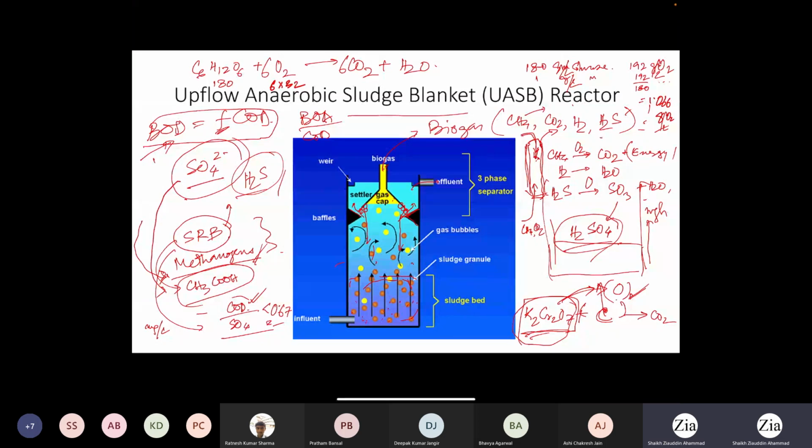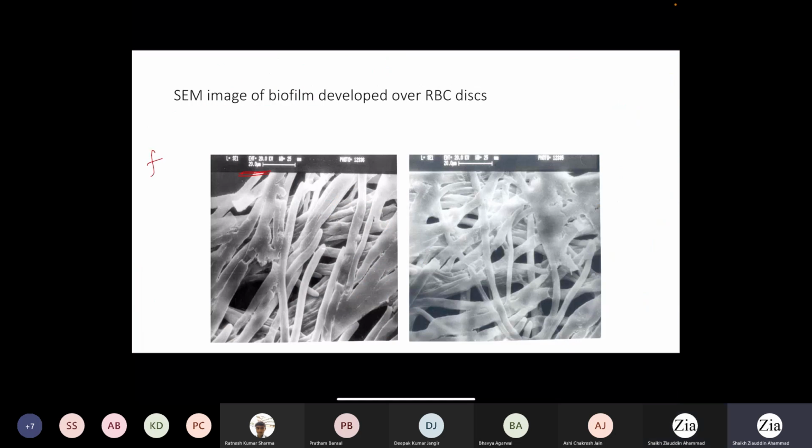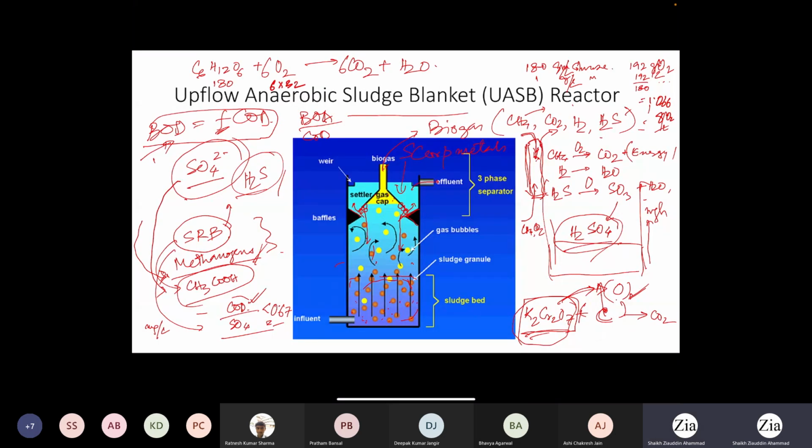And another option is, in the system itself, you can start adding some scrap metal. So the scrap metals will react with H2S, and then they will form a precipitate, meaning metal sulfide.